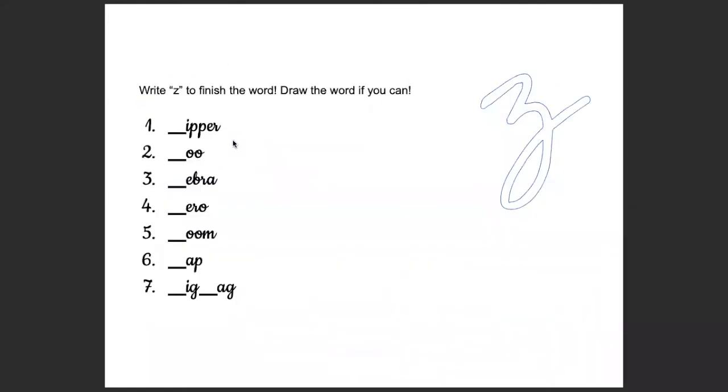This page has the same directions. Write the Z sound to finish the word. You can even draw the word if you can. I'm going to start by tracing the Z sound on the side. That way I remember how to write it.